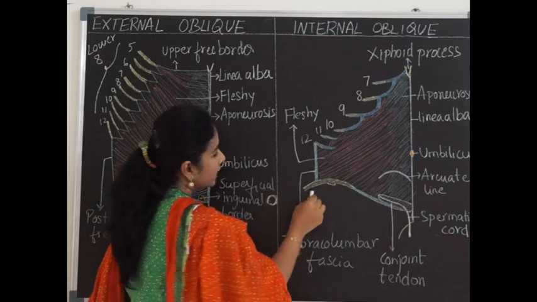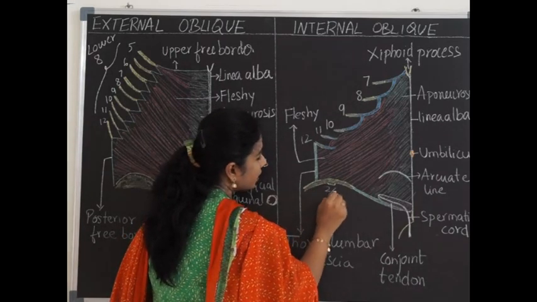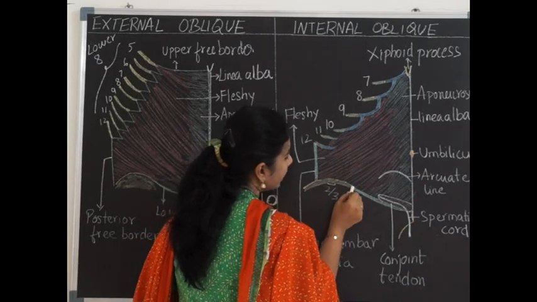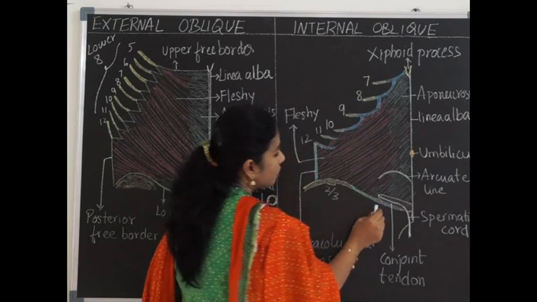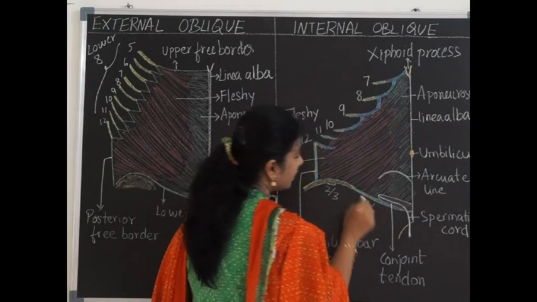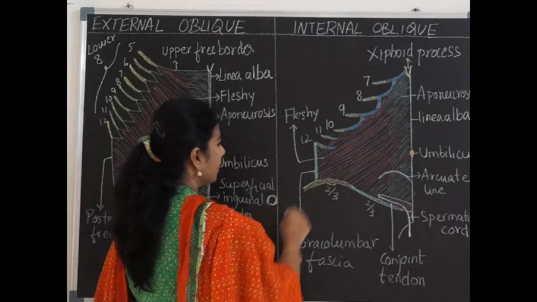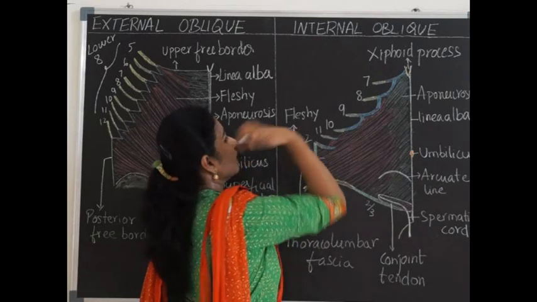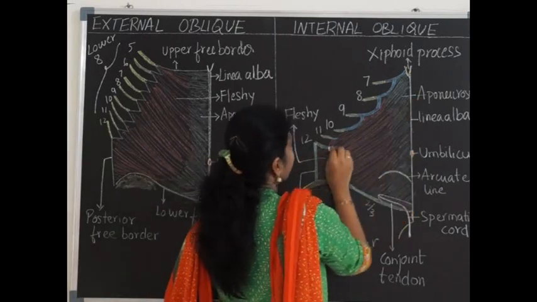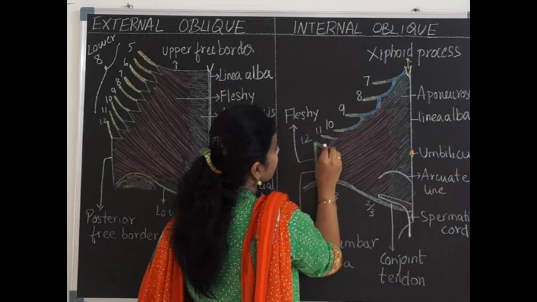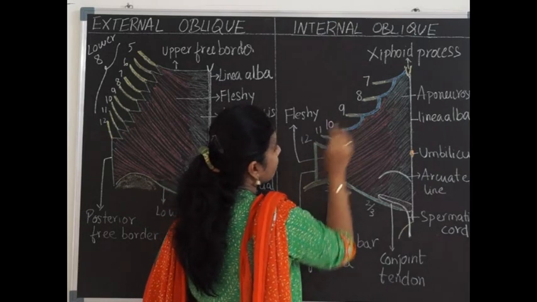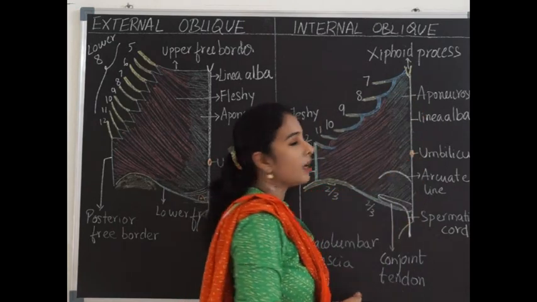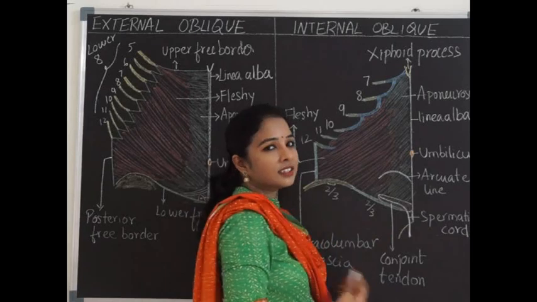Internal oblique muscle gets origin from the anterior 2/3 of the intermediate area of the iliac crest, from the lateral 2/3 of the inguinal ligament, and from the thoracolumbar fascia. Further it runs upwards and the uppermost fibers get inserted to the lower 3 to 4 ribs, and further it forms a flat aponeurosis which forms a part of the rectus sheath, which we will discuss later.